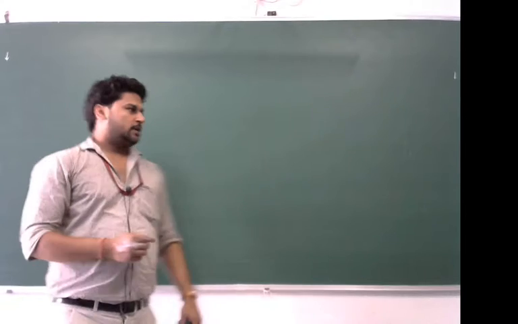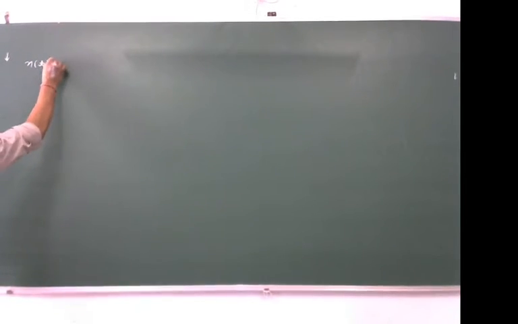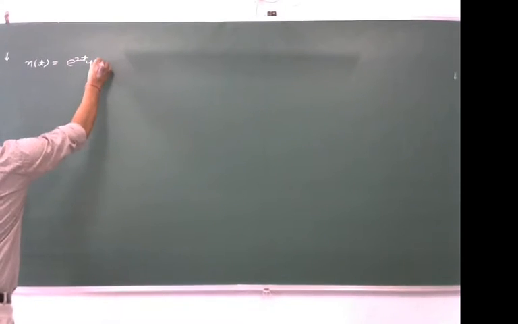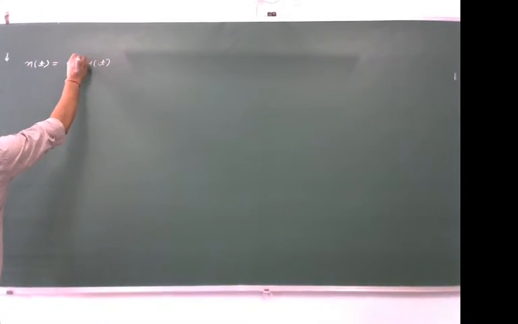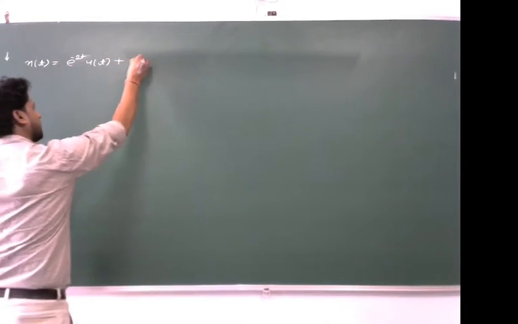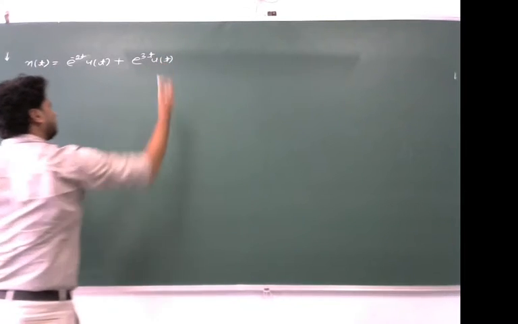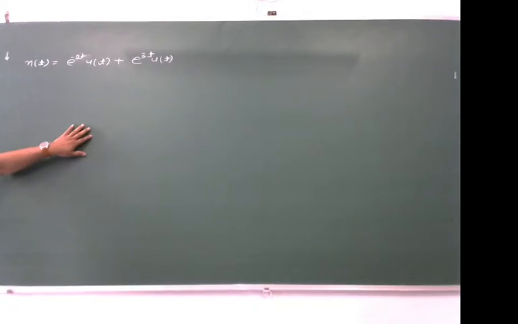So the given example here is x(t) equal to e power minus 2t u(t) plus e power 3t u(t). Getting the Laplace transform of such type of functions is quite easy.